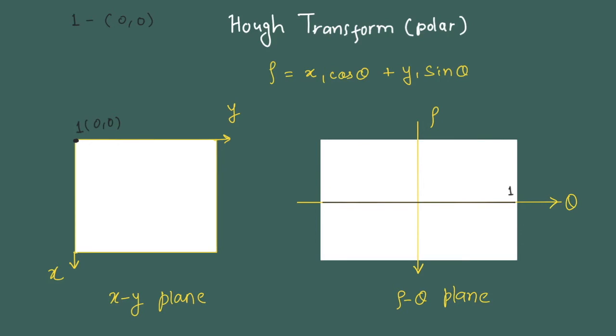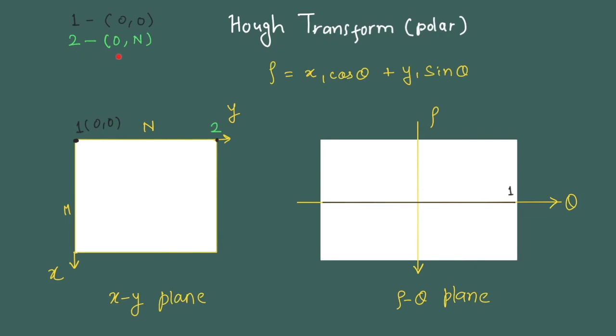Let us take another point 2. 2's coordinate will depend on size of the image. Let us take size of image as m cross n. So coordinates for second point would become 0, n.